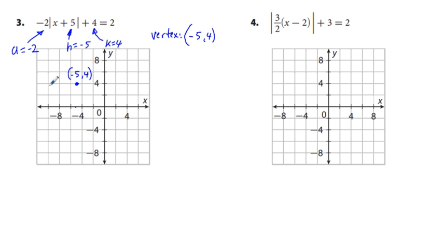And then a is negative 2. So in the rise over run department, we go down 2 and to the right 1, and we similarly do that to the left side, go down 2 and over this way, because that's what absolute value functions do.